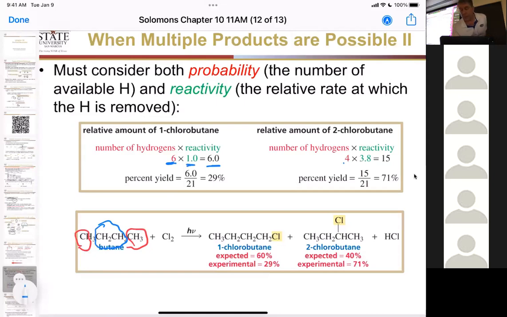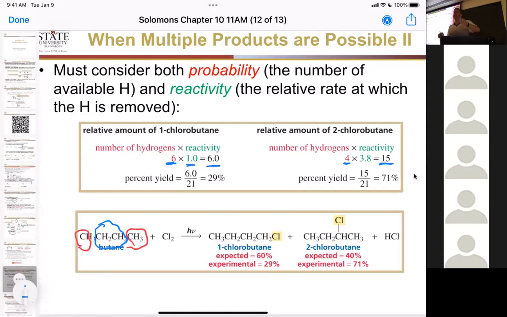We have 4 hydrogens, but it goes 3.8 times faster. If you take 4 and multiply it by 3.8, you get 15. So for every 6 reactions that happen on the primary, 15 happen on the secondary. A total of 6 plus 15 makes 21 reactions.